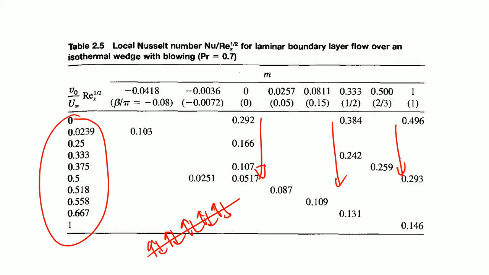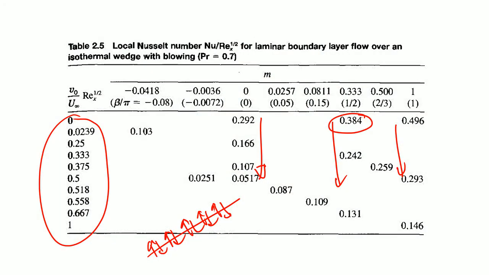So, the wedge, we already know what the wedge angle does. On top of that, if you have suction or blowing, you have an additive or subtractive kind of effect. Moment you have blowing, you reduce the Nusselt number value, because you are increasing the boundary layer thickness on a relative basis.